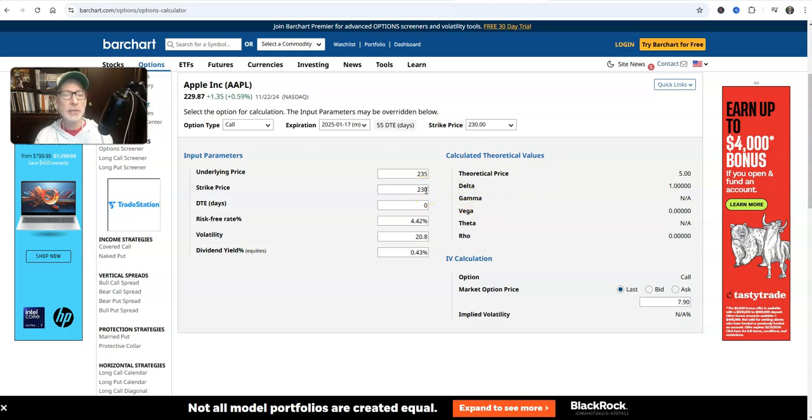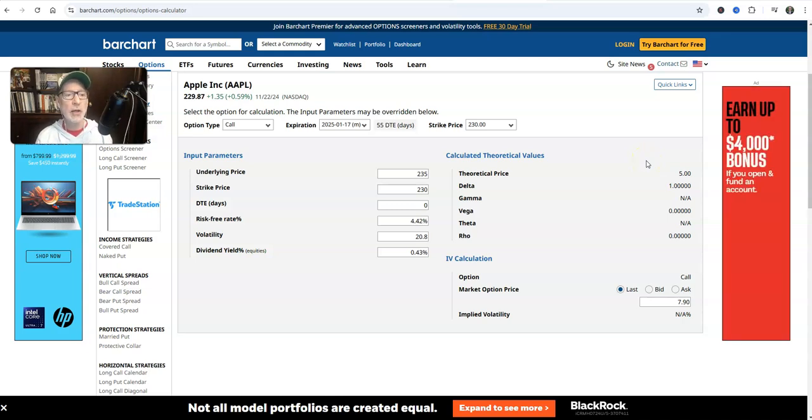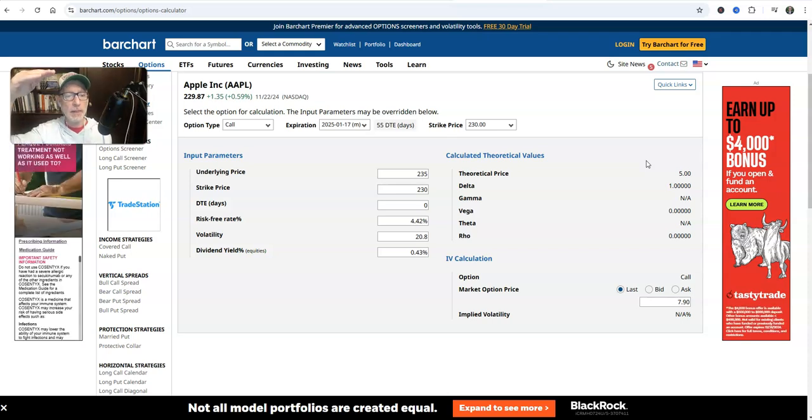The option finished in the money, but you still lost money on the trade. You bought that option for $8. Come expiration, on the last day, it's only worth $5. So you actually lost $3 on the trade. Even though Apple moved up $5, which is in the direction you thought it would go, you still lost money on the option trade. So in this case, the at the money trade didn't help you.